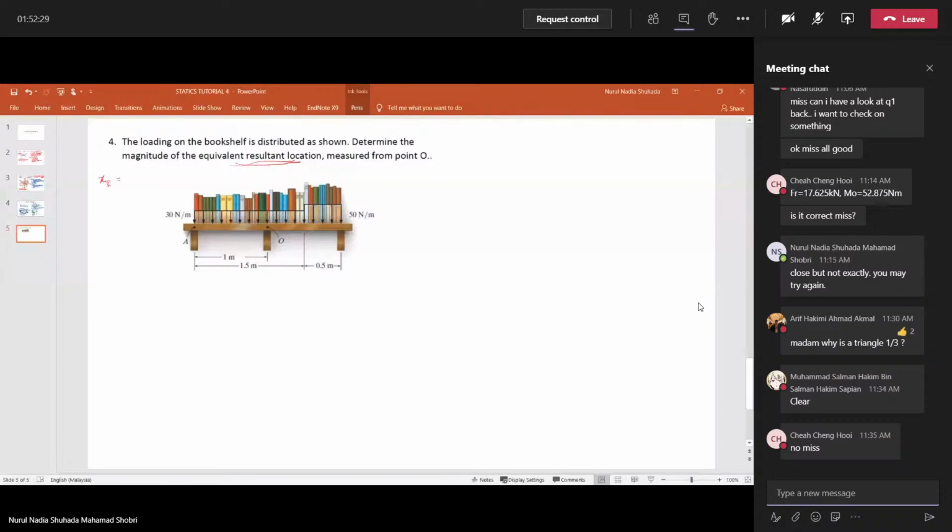Okay, so in this case you guys can use the same steps. You have to find the FR first.